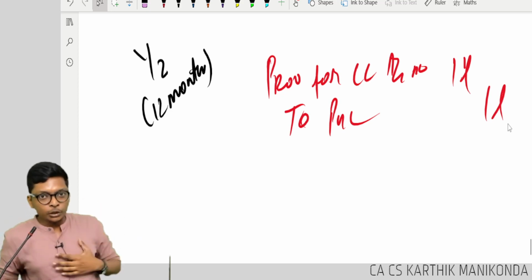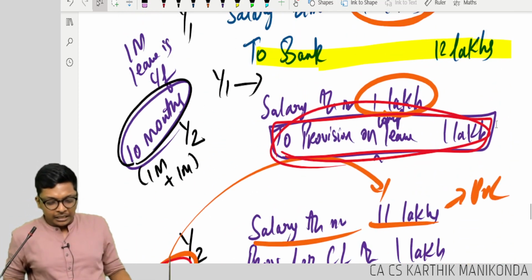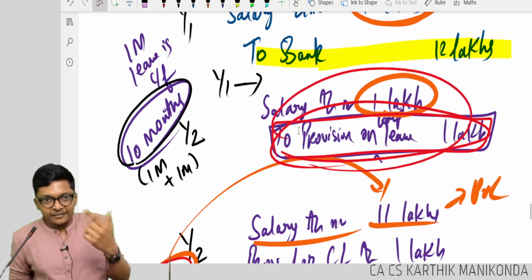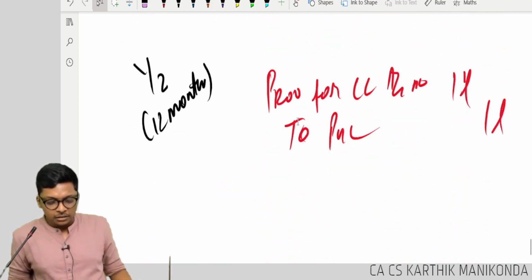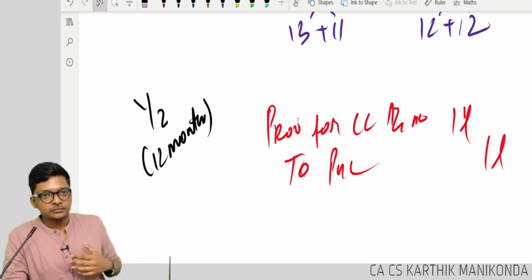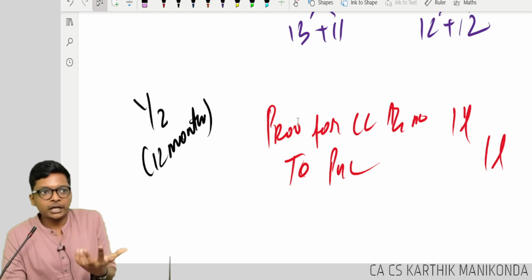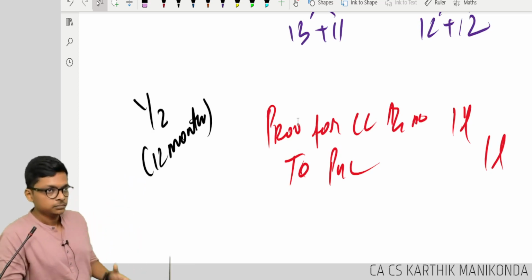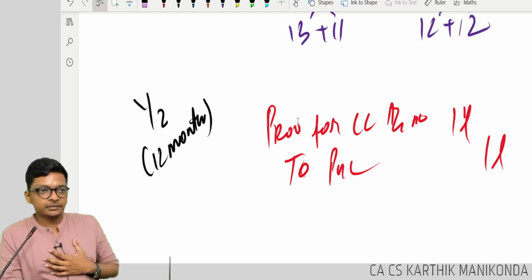What you debited to P&L earlier will get reversed now, so that 13 lakhs in first year is now reversed by 1. Why is it reversed in year 2? Year 2 only you lost the benefit. Matching concept. Are you getting it, guys?